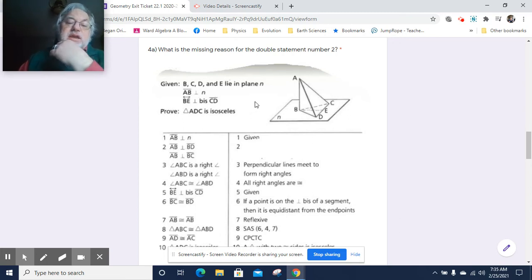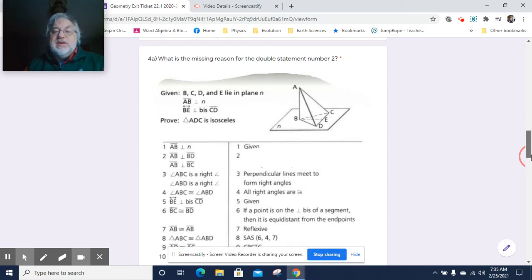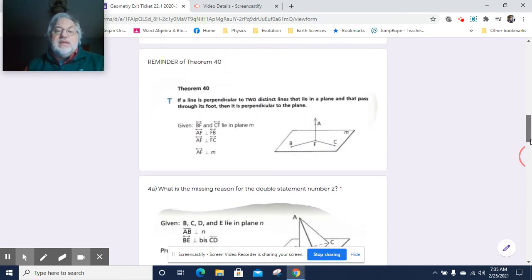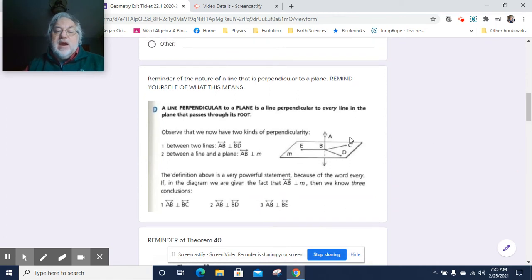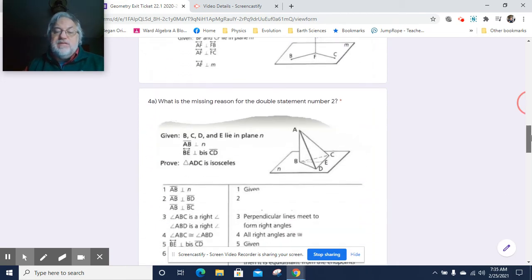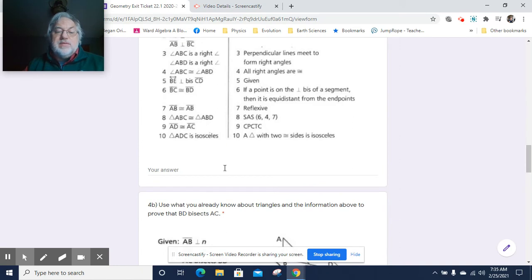But we're just looking at how do we know that AB is perpendicular to BD and also to BC, and the reason it is perpendicular to both of those is that we know that AB is perpendicular to the plane, and therefore it is perpendicular to any lines that lie on the plane and that pass through its foot. So there we go.